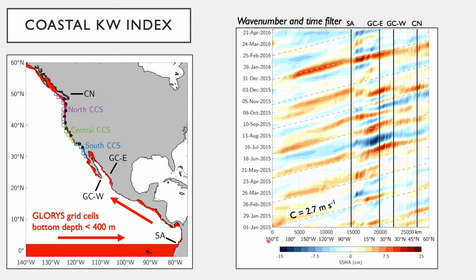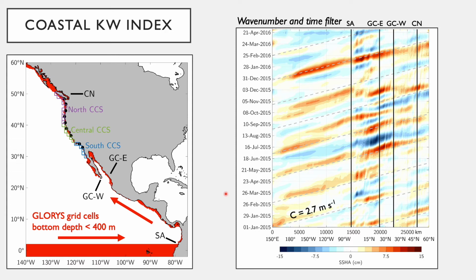And so you can see the distance that these Kelvin waves are traveling, ultimately something like 30,000 kilometers over the course of about 120 days as they go from the western equatorial Pacific all the way to the Gulf of Alaska, propagating at fairly consistent speeds of about 2.7 meters per second. So really remarkable features that we can see here in this high-resolution ocean reanalysis.